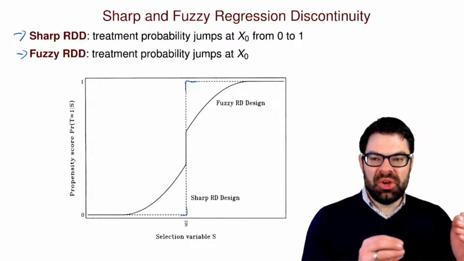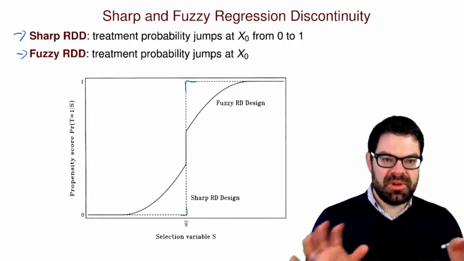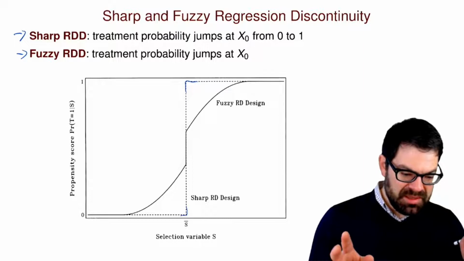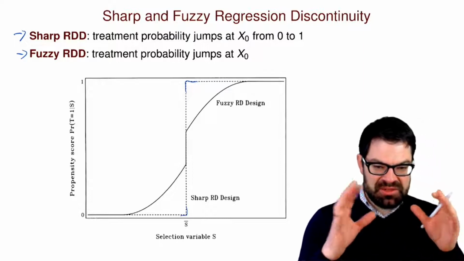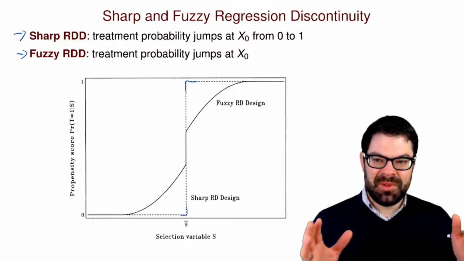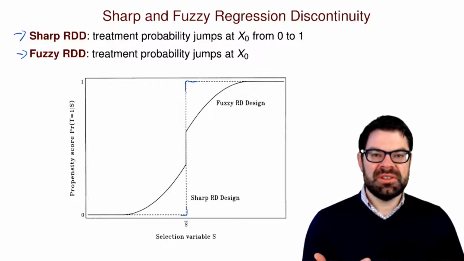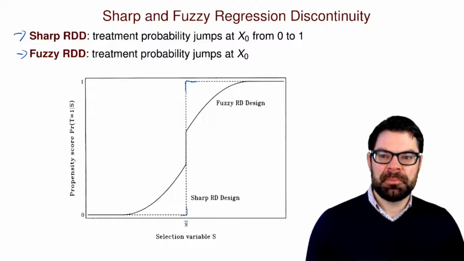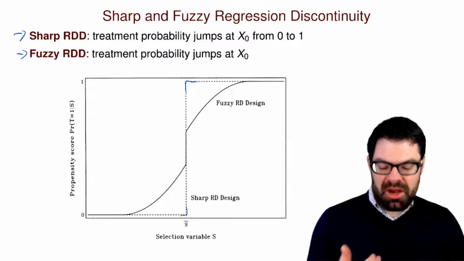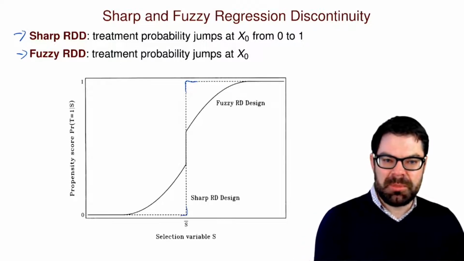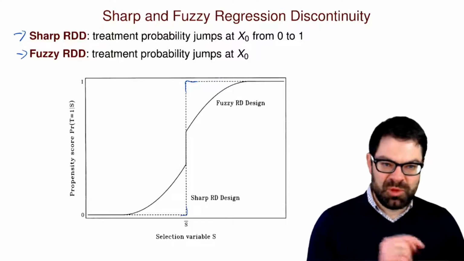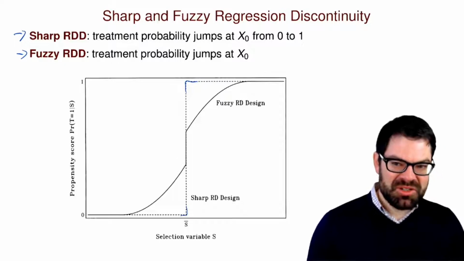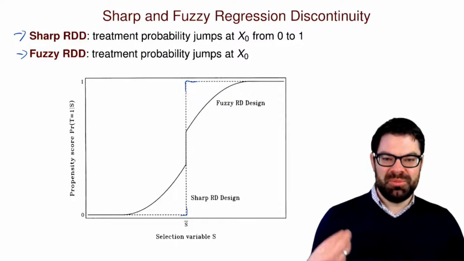Those two types of regression discontinuity design, you can basically see them through the lens of an instrumental variable estimator. The sharp regression discontinuity is basically like an IV with perfect compliance. So you cross the threshold and your treatment probability jumps from 0 to 1 or from 1 to 0. With a fuzzy regression discontinuity, you have imperfect compliance.